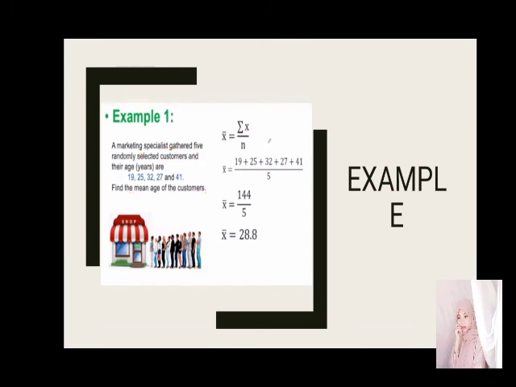And since we are asked to find the mean age, this refers to the sample mean, which is x bar, the sum of the observations over the number of observations, which is 5. Getting the sum of 19, 25, 32, 27, and 41 divided by 5 gives us 28.8. Thus we can say that the mean age of these customers is 28.8 years.